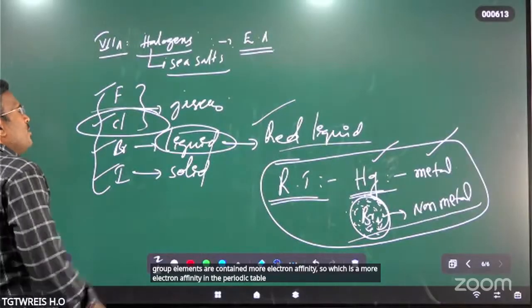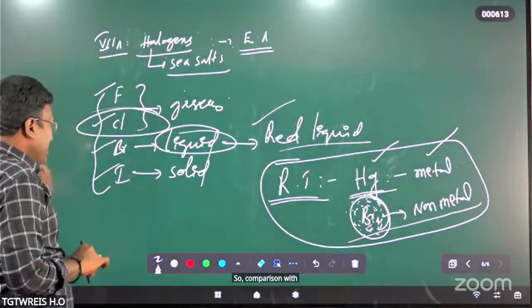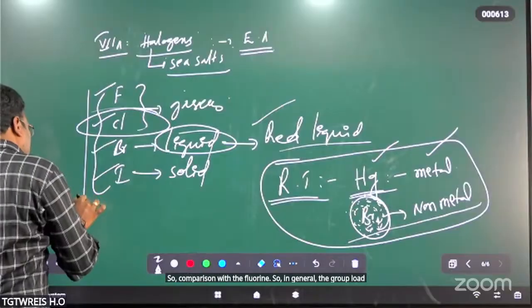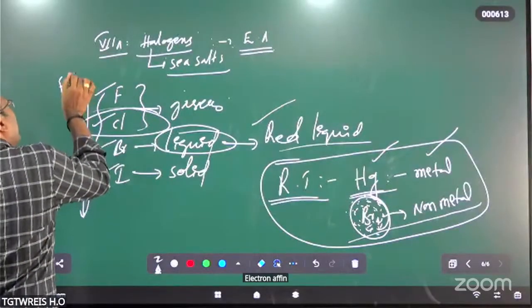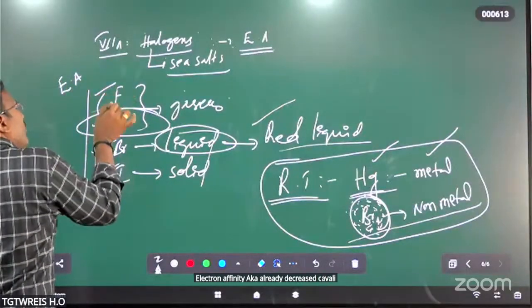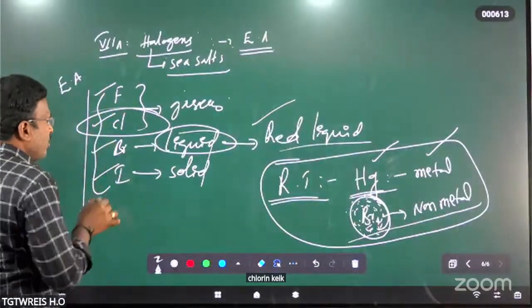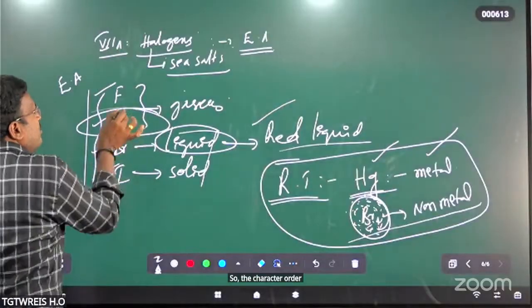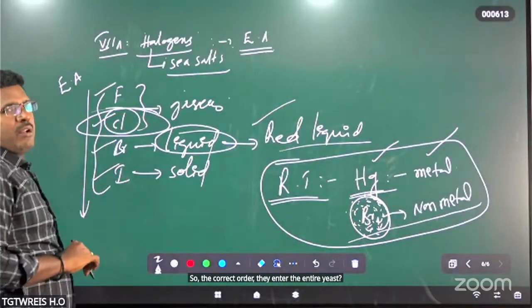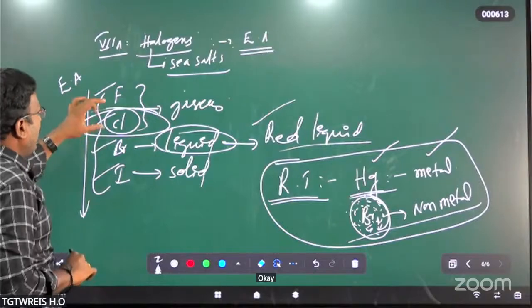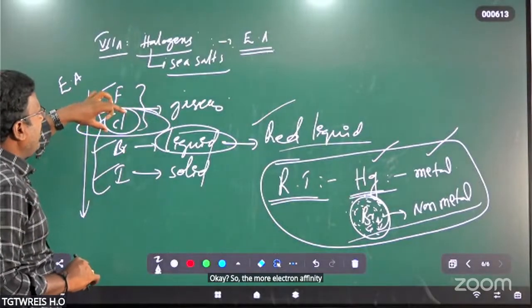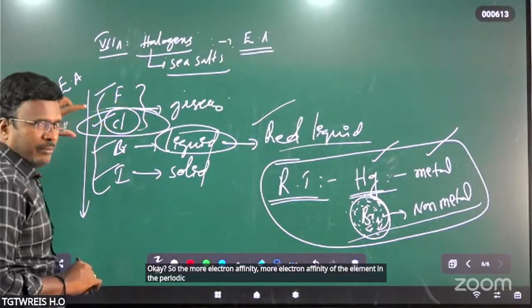Chlorine, compared with fluorine. In general in a group, from top to bottom, electron affinity should decrease, so fluorine should have more, but it is chlorine that has more. So the correct order: the highest electron affinity of an element in the periodic table is chlorine.